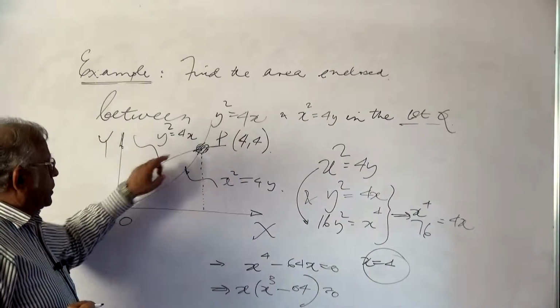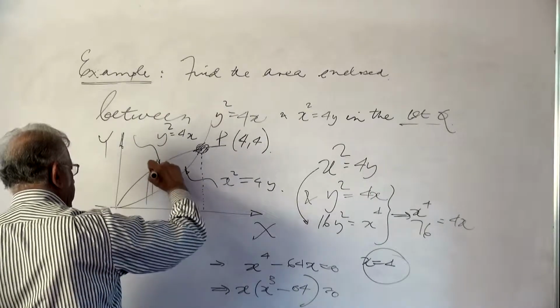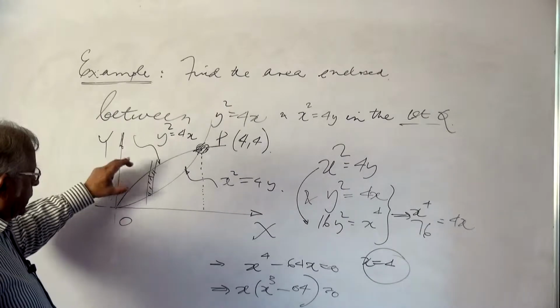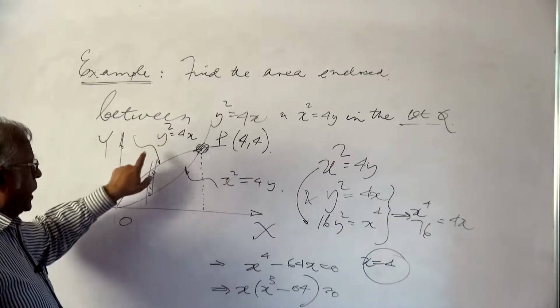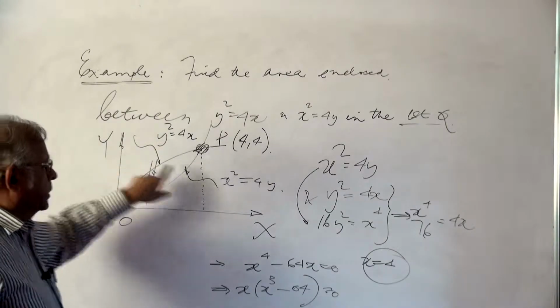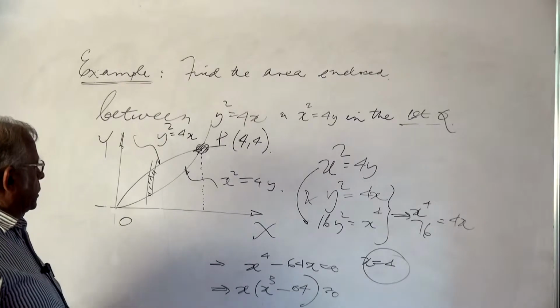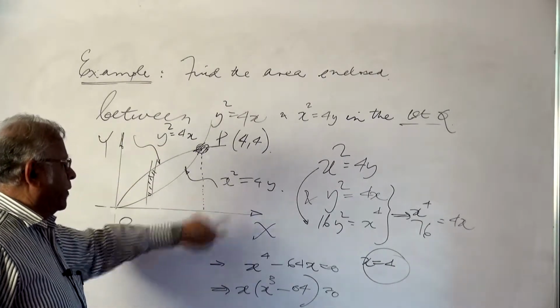So the difference, that means if we take any particular value of x and take a strip like we've done before, then the difference in the ordinates is root of 2x, that is y upper, minus x square by 4, that is y lower. So 2 root x and x square by 4.